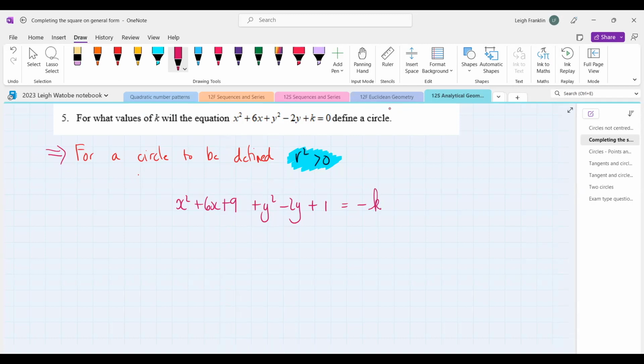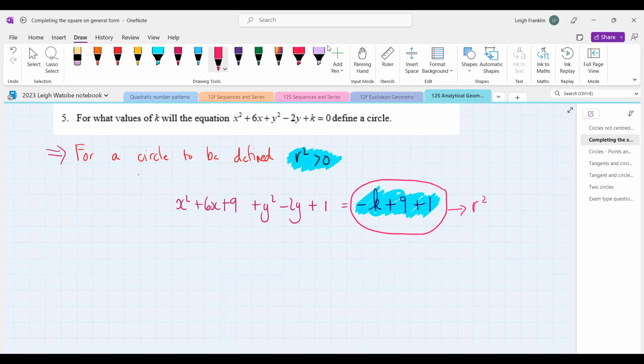And then I also need to include the 9 and the 1. So once you have completed the square, remember, whatever is on the right-hand side after you have completed the square, that represents r squared. So this over here is r squared.